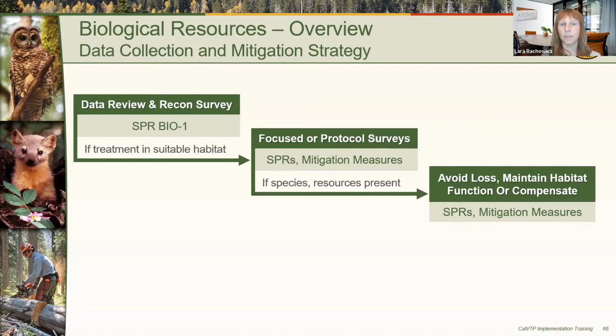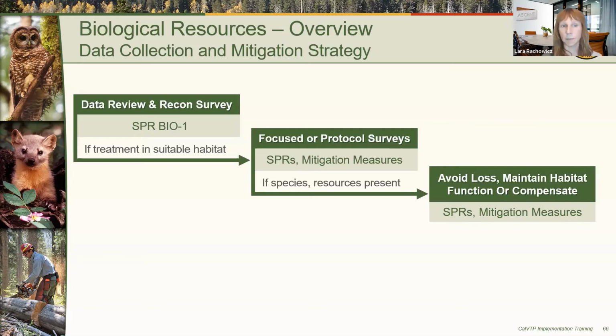The first step in the avoidance and mitigation strategy is to conduct a data review and a reconnaissance survey for the specific project as required by SPR Bio 1. If the review and the survey find that suitable habitat for sensitive resources occurs, then the next step in the process would apply.